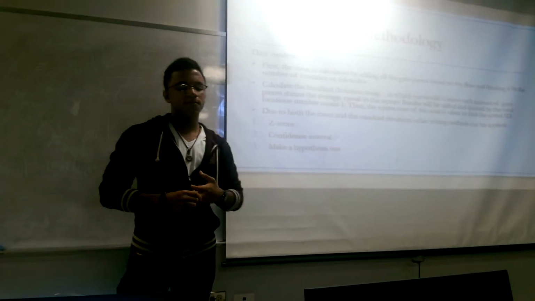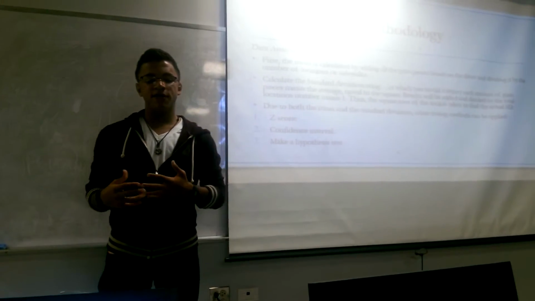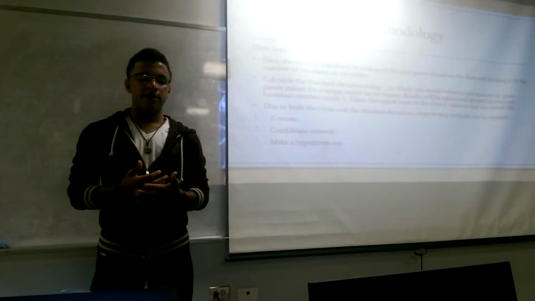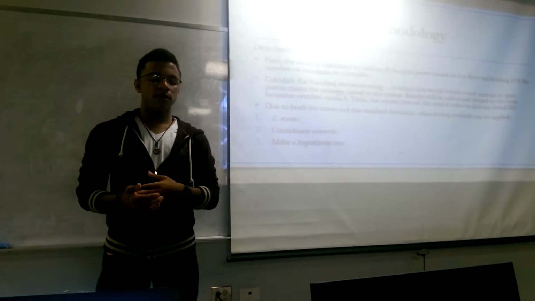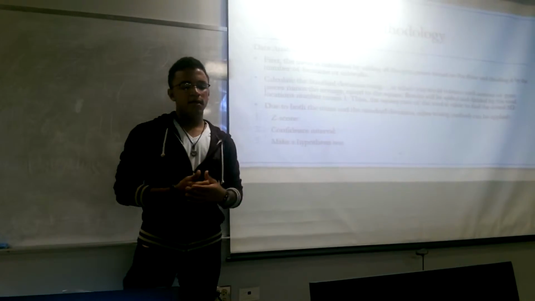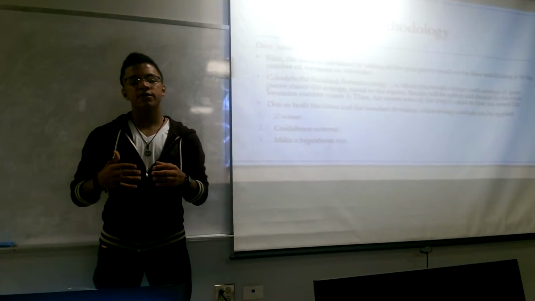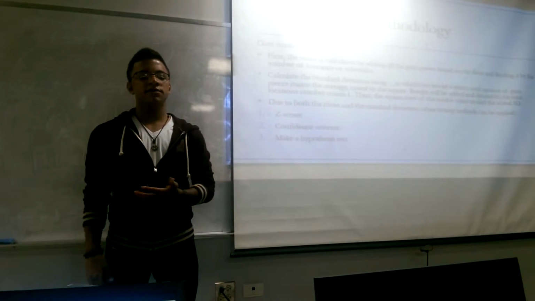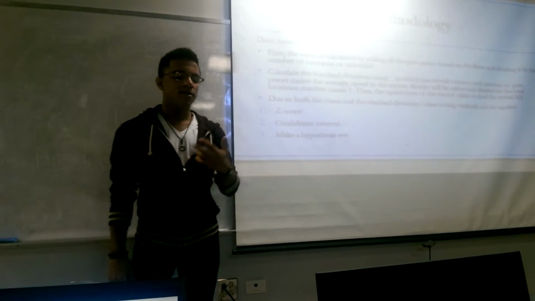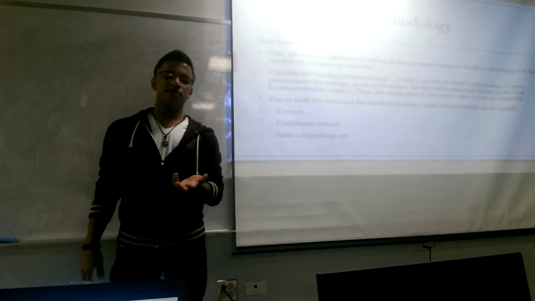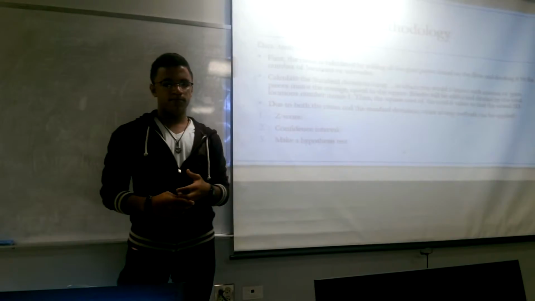Results will then be added and divided by the total number of locations, and then you take the square root in order to find the actual standard deviation. And once you have the mean and standard deviation, you can proceed to other methods, such as the Z-score, the confidence interval, and making a hypothesis test, which I will explain later on.